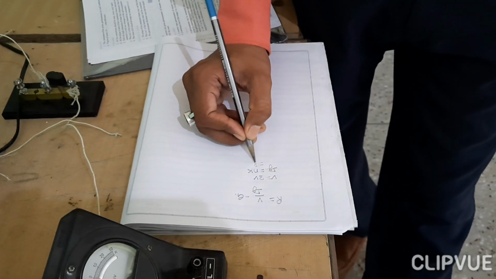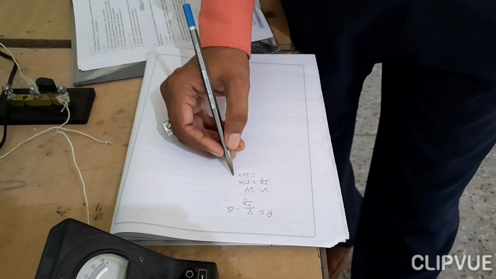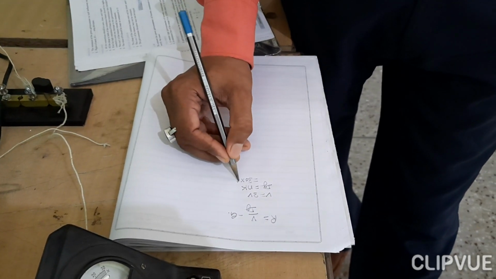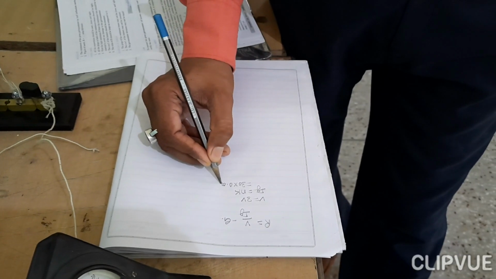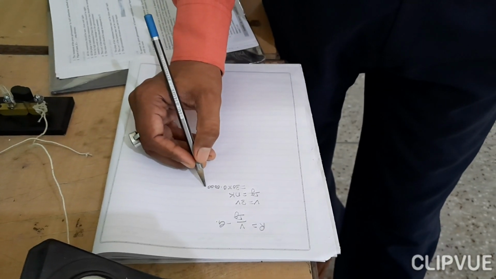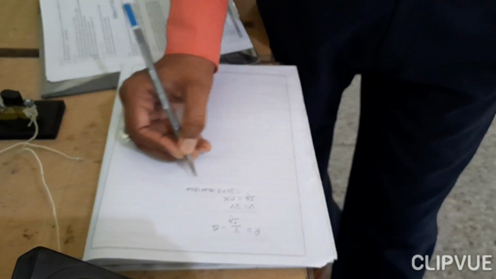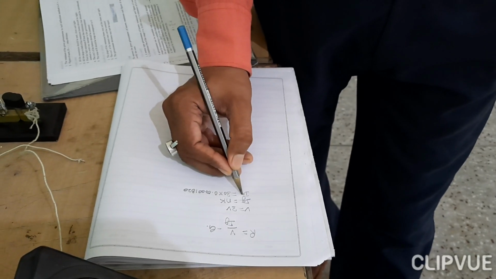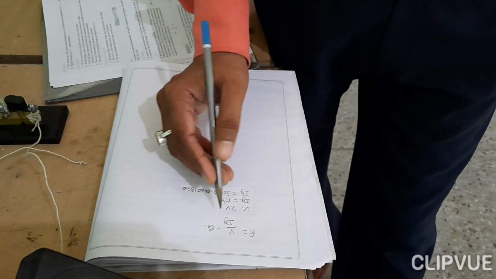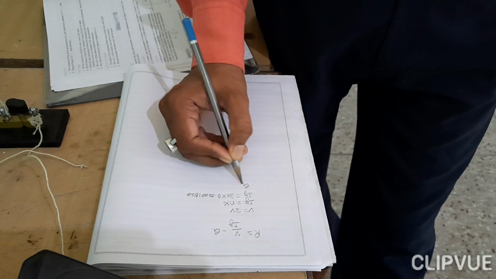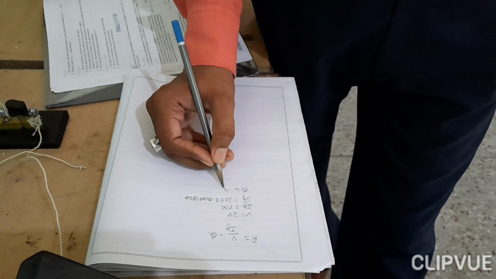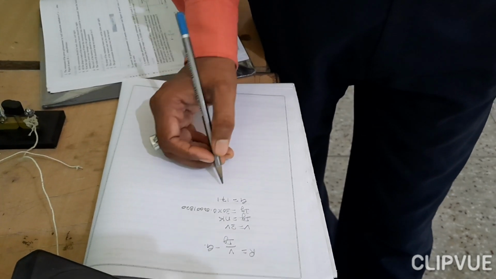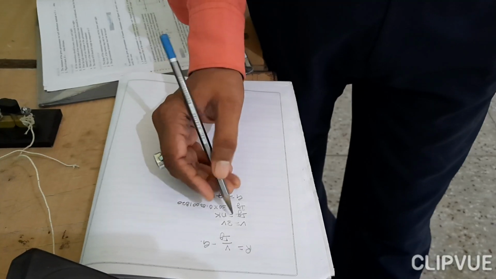In my galvanometer there are 30 divisions, and the value of K that we calculated in the previous experiment is 0.00001820. So we can calculate the value of Ig, as well as G, which we had already calculated, that is 171. Its video is there in my previous videos, so you can see that.